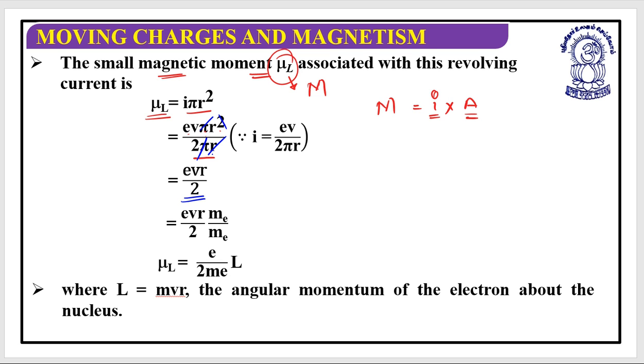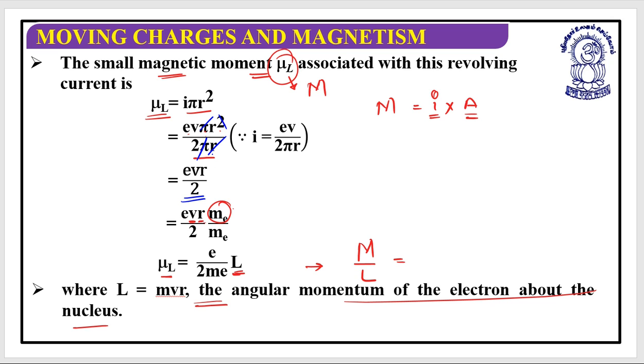Observe this carefully: this is mass, this is velocity, and this is the perpendicular distance. So mvr can be written as L, which is the angular momentum of the electron about the nucleus.